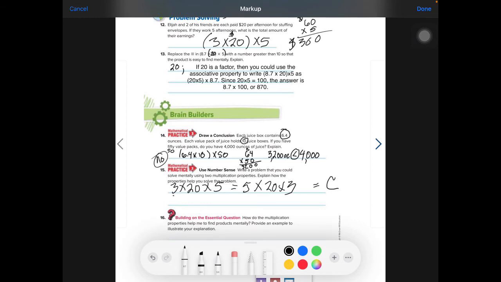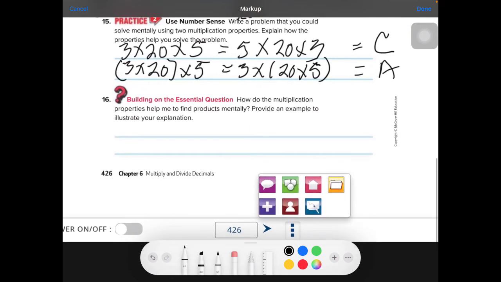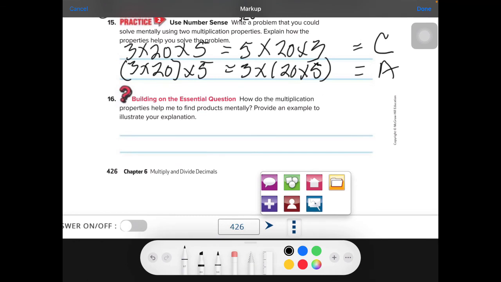And that would be our commutative property. Or we could also write it like this, 3 times 20 associated, that times 5, is going to equal the same as if we do 3 times 20 times 5. They're both going to make the same answer, and we're going to use the associative property there. So we showed an example of how to use the commutative property and how to use the associative property.